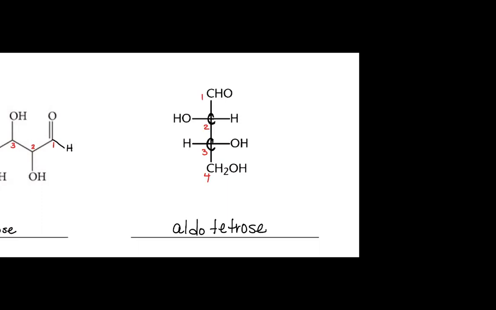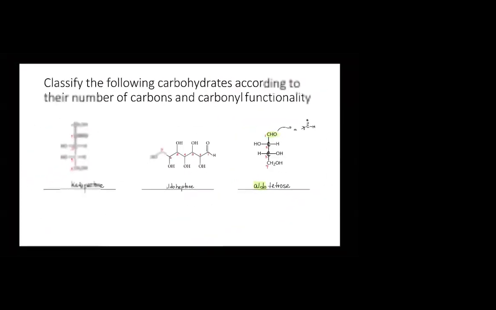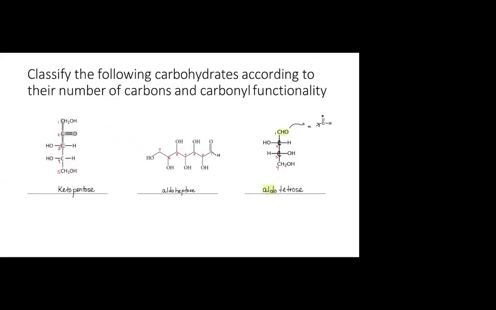Remember, yesterday in class we learned that CHO is the condensed structure for an aldehyde, because this is the same thing as having C double bond O, H. Questions on how to classify monosaccharides, depending on the number of carbons and carbonyl functionality.